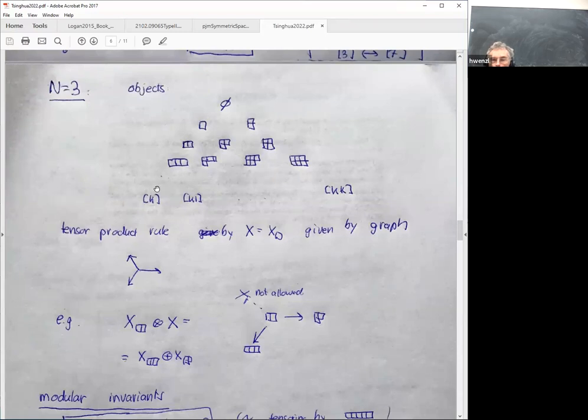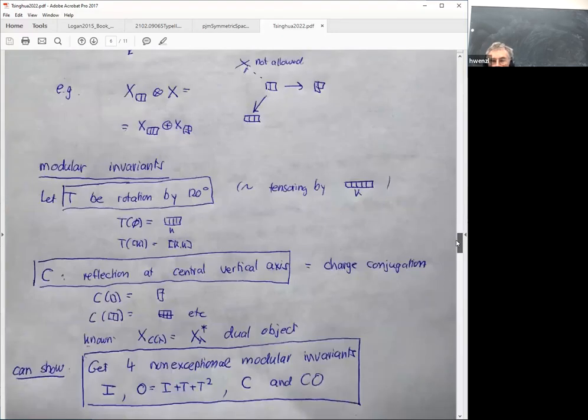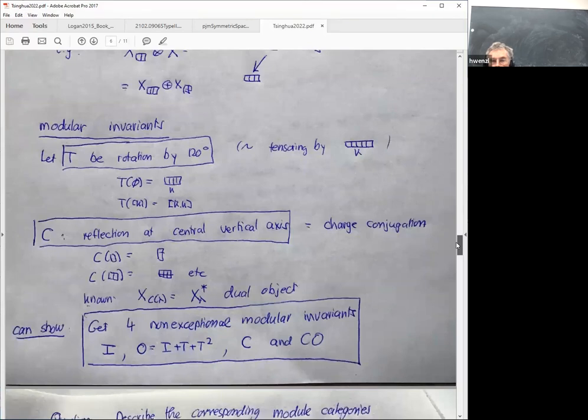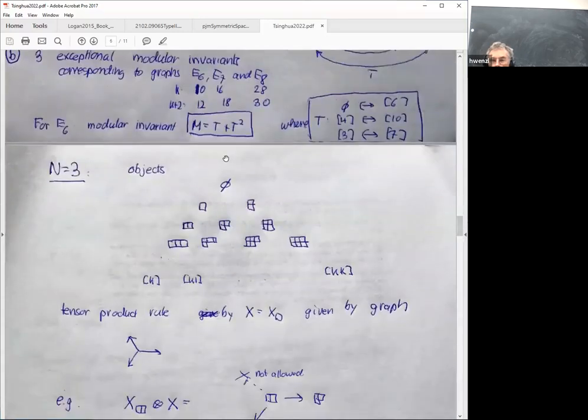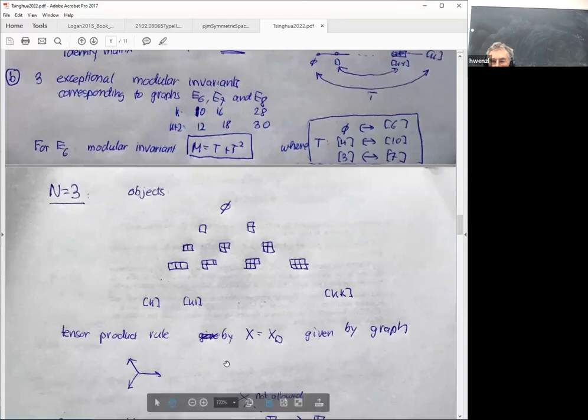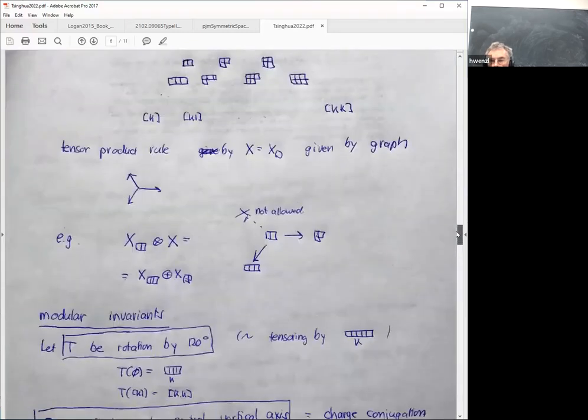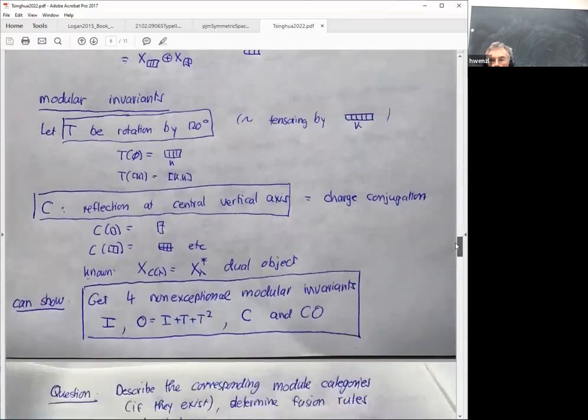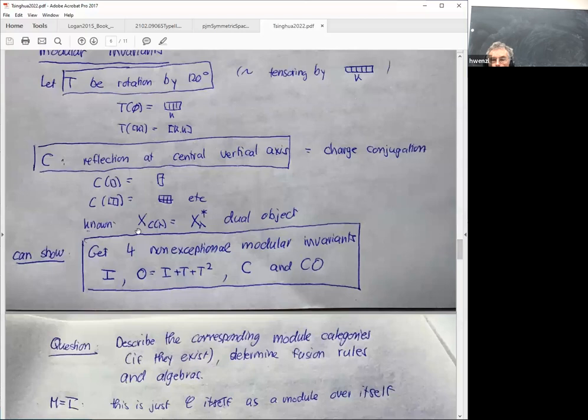This is again an invertible object, so it permutes the objects, and it corresponds to a 120-degree permutation. So this is one symmetry. The other symmetry is the reflection in the middle of the axis here. If we draw a vertical axis in this triangle and reflect about it, this also gives us a matrix, and this matrix corresponds to mapping an object to its dual object.